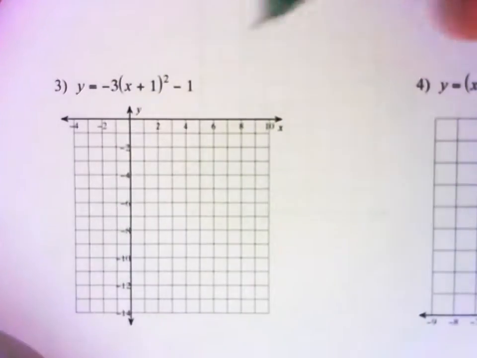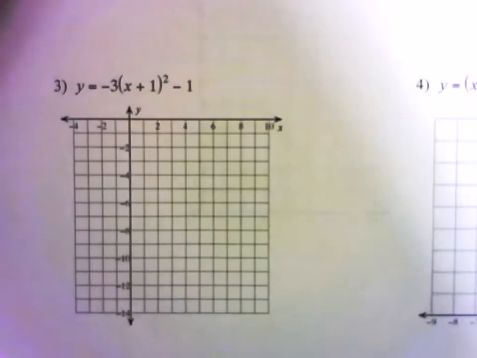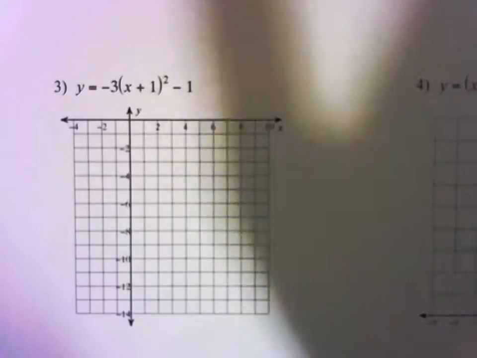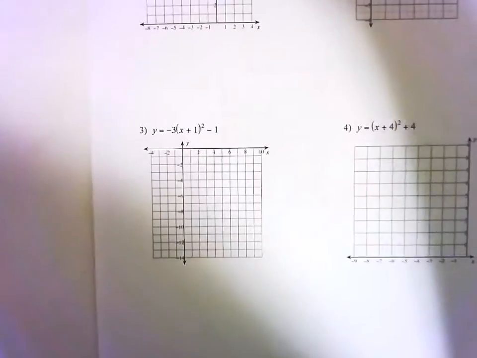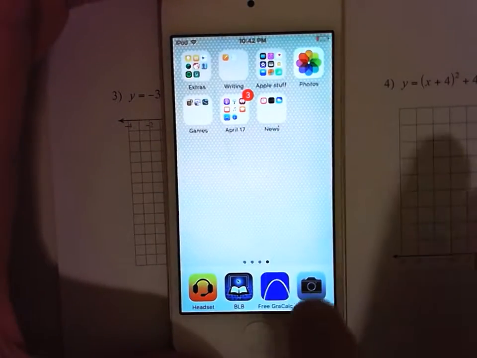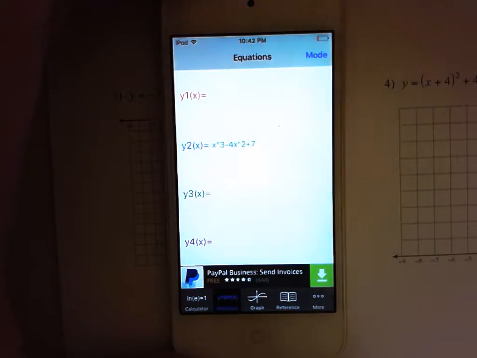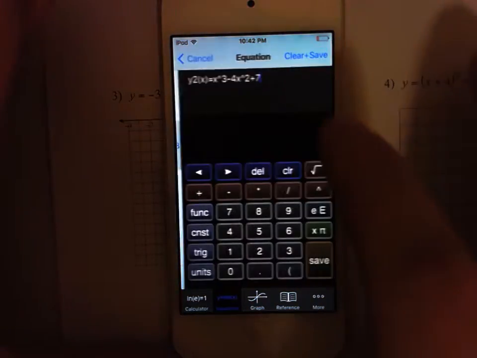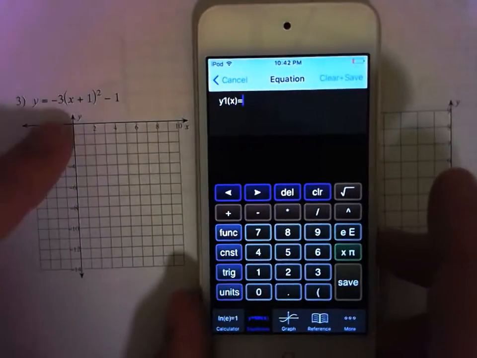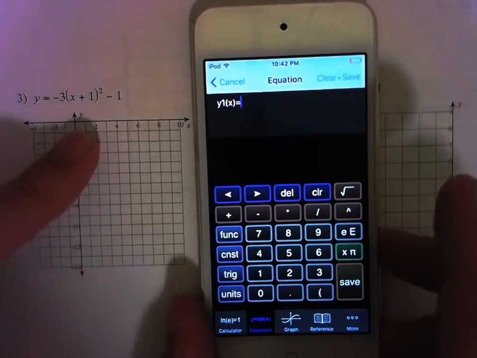So this is our equation. And remember, on this 2.2 assignment, you can use a graphing calculator. I'm going to take my app here and clear that out. I'm going to type in this equation.